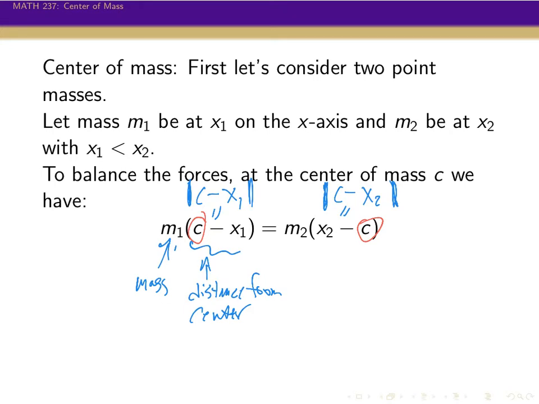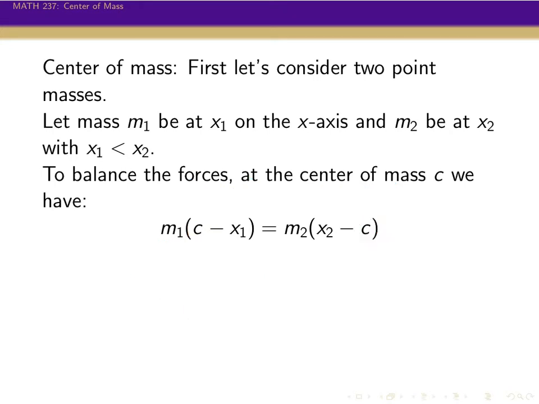Let's clear out some space. Okay, so we're going to solve for c here. So I get m1c minus m1x1 is equal to m2x2 minus m2c. So let's get the c's to the same side.